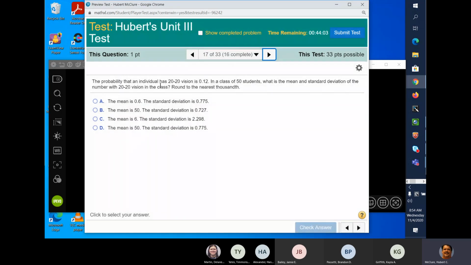The probability that an individual has 20/20 vision is 0.12. In a class of 50 students, what is the mean and standard deviation? Why is that npq? Because you're not giving any other information.